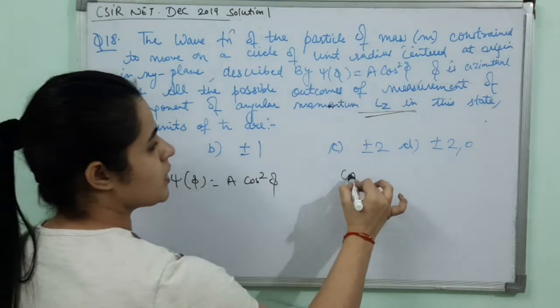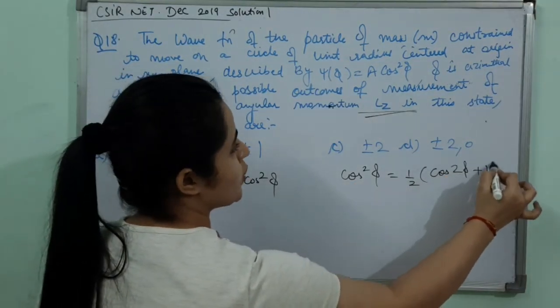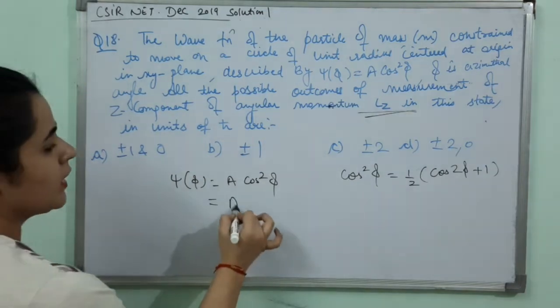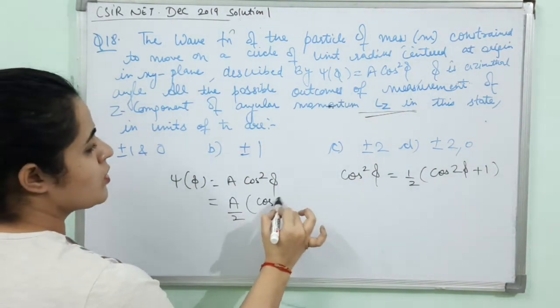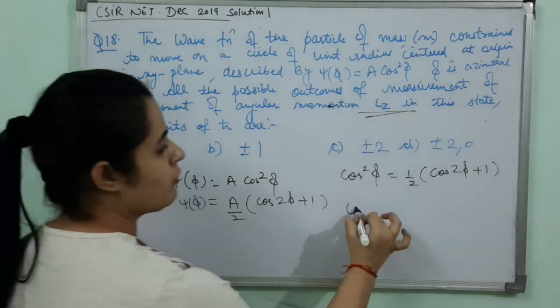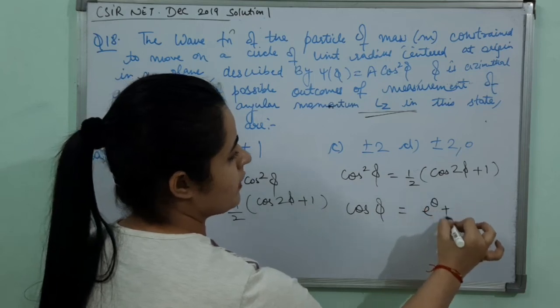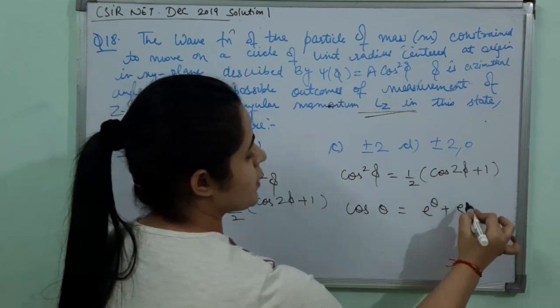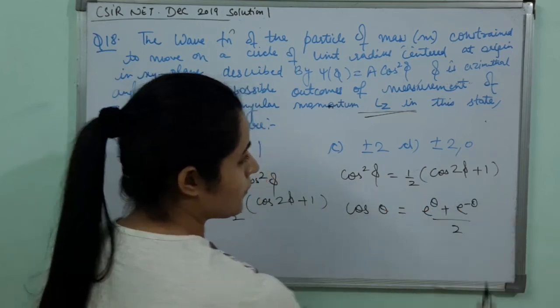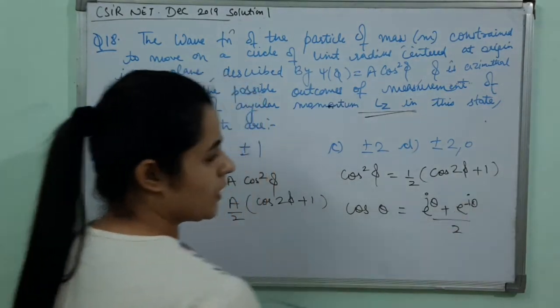Now we know that cos squared phi is equal to (1 plus cos 2 phi) by 2. Just substituting this, A by 2 times (cos 2 phi plus 1) will be the value of psi(phi). Now what will be the value of cos theta? Cos theta is (e raised to power i theta plus e raised to power minus i theta) by 2.